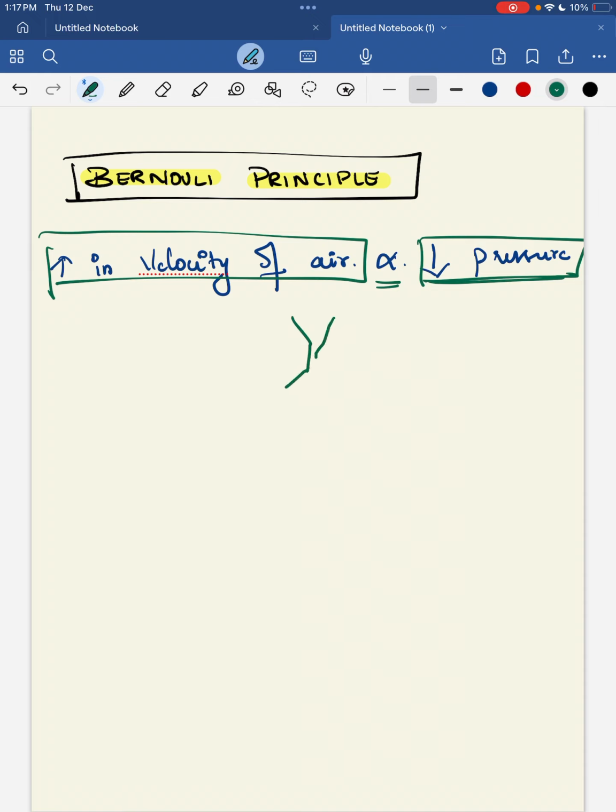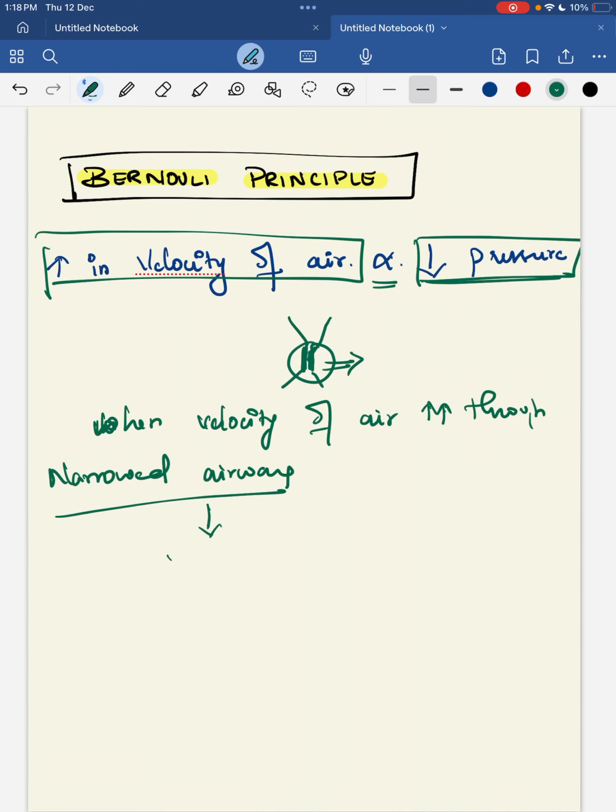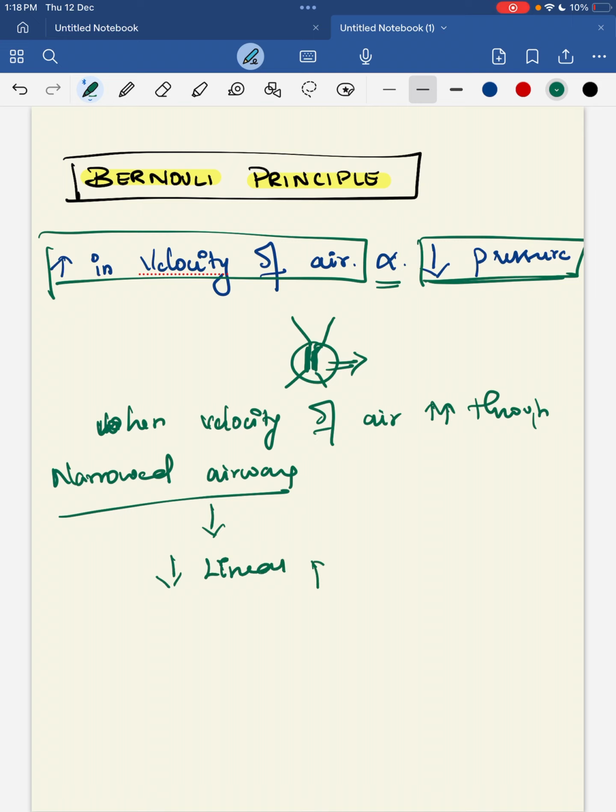So when the velocity of the air increases through this part, there will be a decrease in the linear pressure on the airway wall, thus resulting in airway collapse.